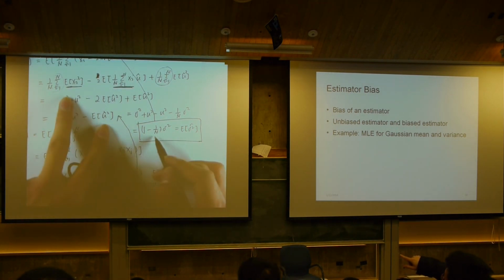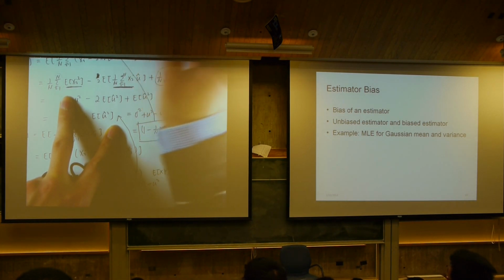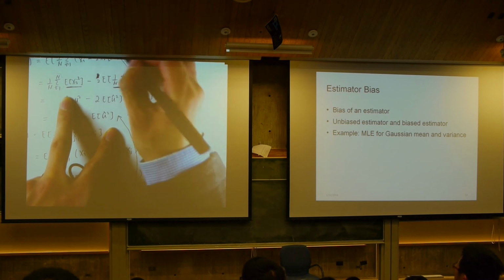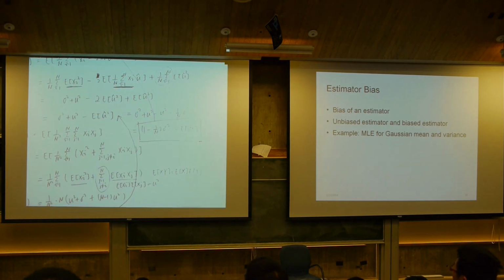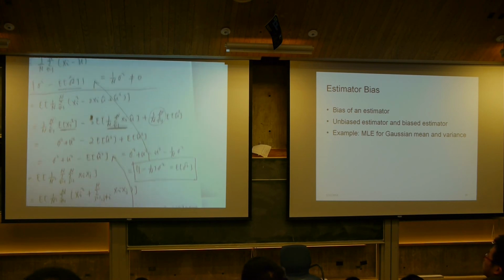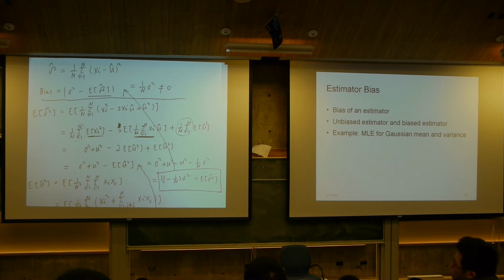Right. So this would be 1 over n sigma square. It does not equal to 0. So the bias of the estimator sigma square hat does not equal to 0. So this estimator is biased.